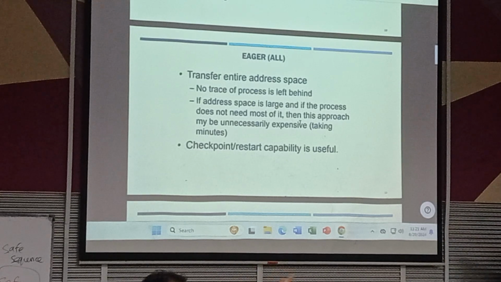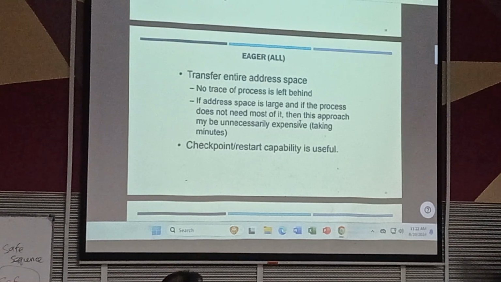While you're transferring, you stop the program. While it's stopped, the program is not responsive to anything. That means the user is using it halfway, and then you have to wait for 1 minute because the process is migrating. So this is the easiest of all. Eager all: you transfer and you pause the program.